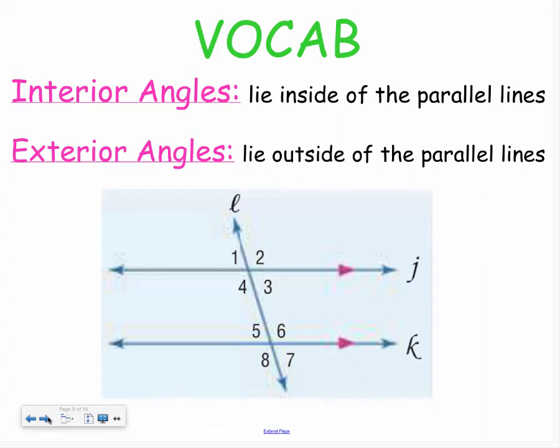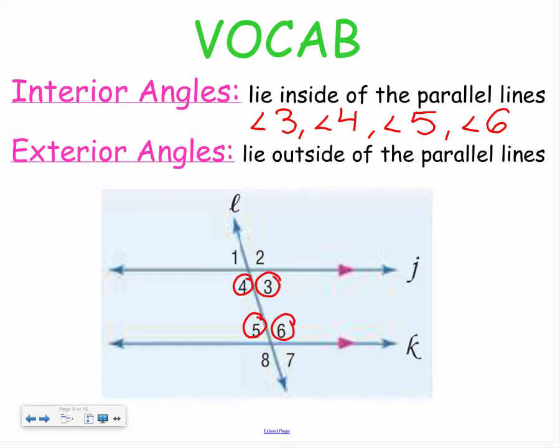It's angles 3, 4, 5, and 6. Notice this sign in front of the numbers, it kind of looks like a greater than sign. It actually stands for an angle. So we're looking at 3, 4, 5, and 6 being on the interior.